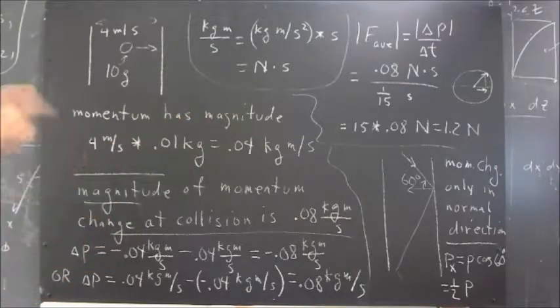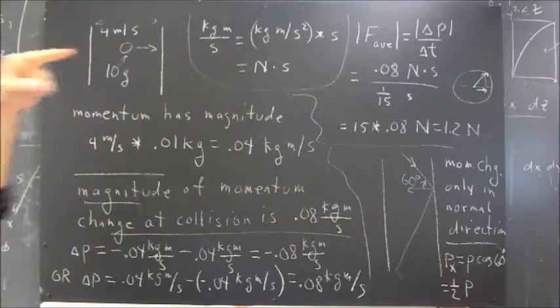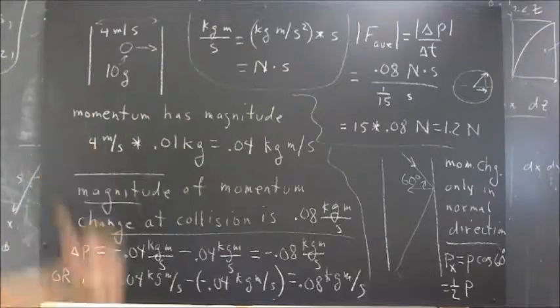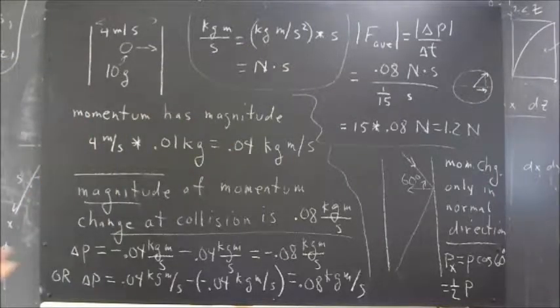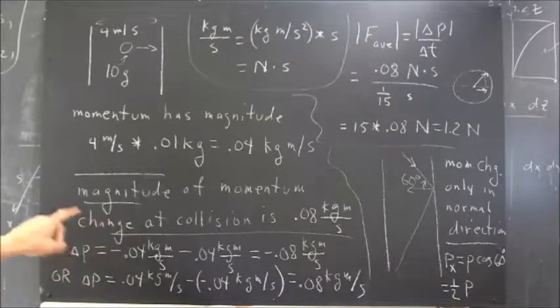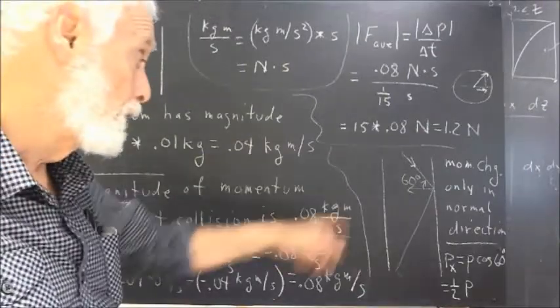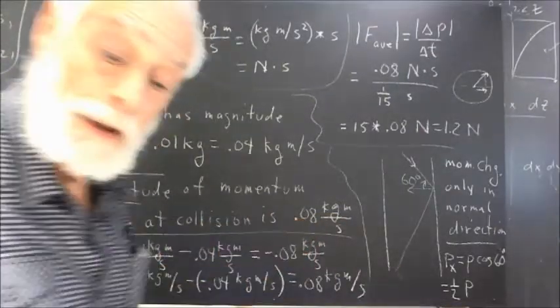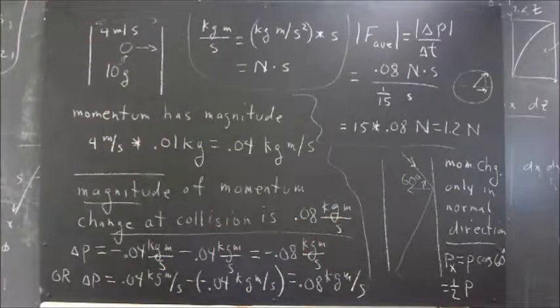Now, we have to take the direction of the ball into consideration. Is the momentum this way, or is the momentum back this way? Well, okay, that's the magnitude of the momentum. The change in momentum at a collision is what? Okay, well, I say it's 0.08 kilogram meter per second because that was a response I got from a couple of students.